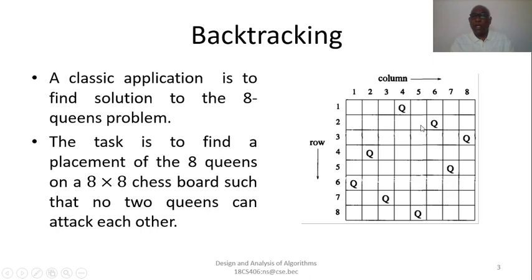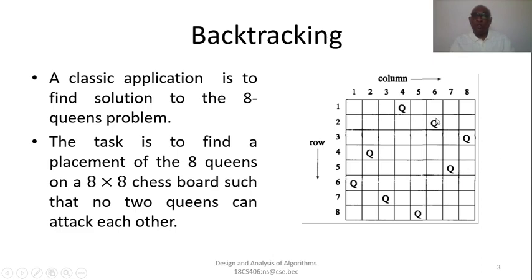And in this diagonal also, if you see, no queen is placed. This holds good for any combination of two queens. If you take any two queens, the conditions to be satisfied will hold good. And hence, this is a valid placement of 8 queens on the 8 by 8 chessboard.